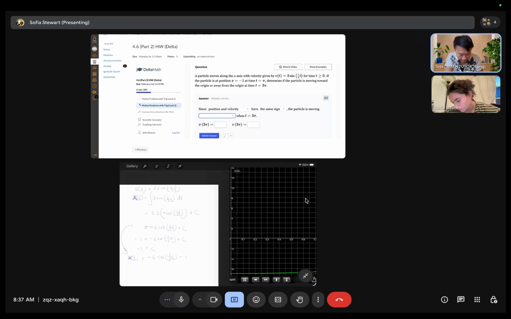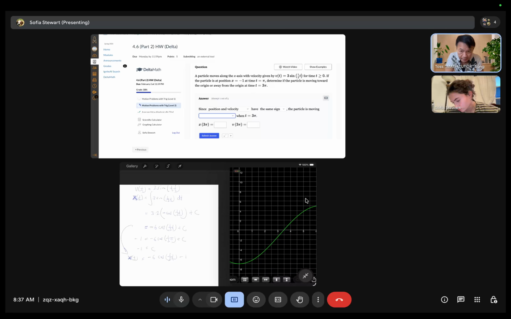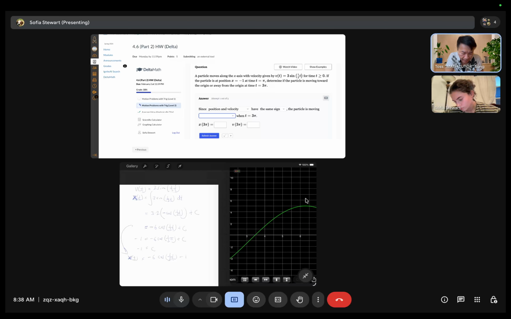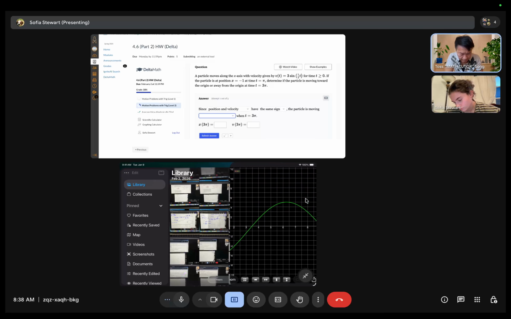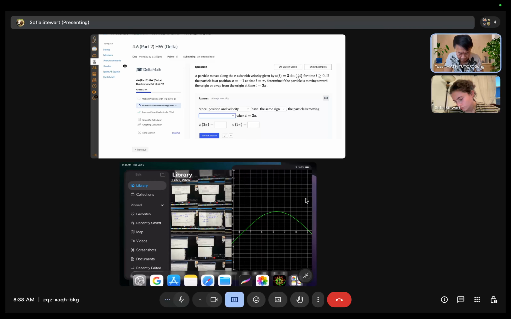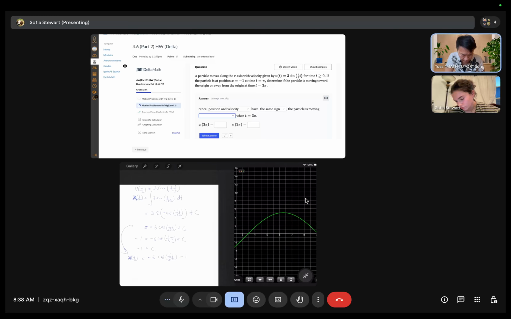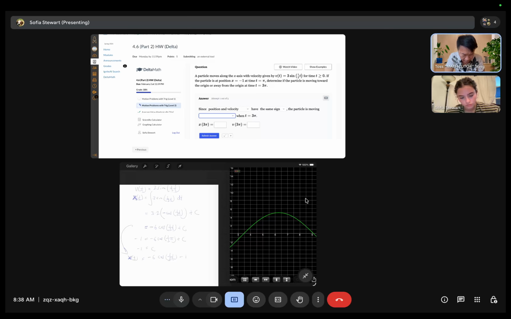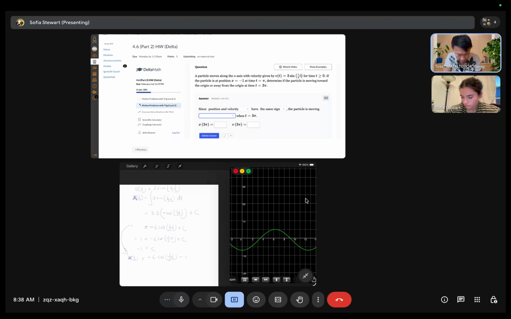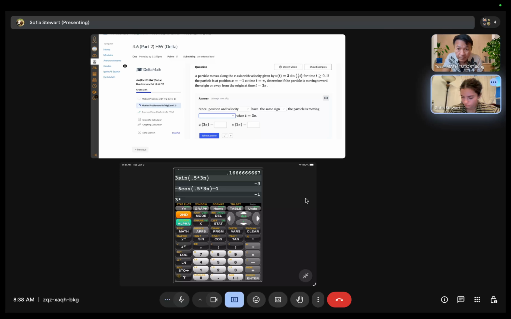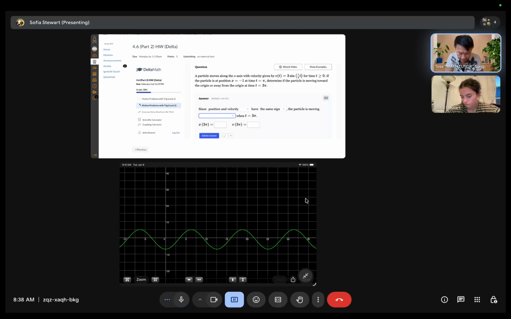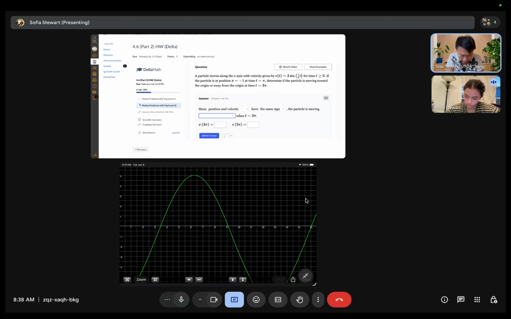Let me look at this graph. At 3 pi, that's 3 times 3.14, so 9.4 something. Okay, let me check the graph.